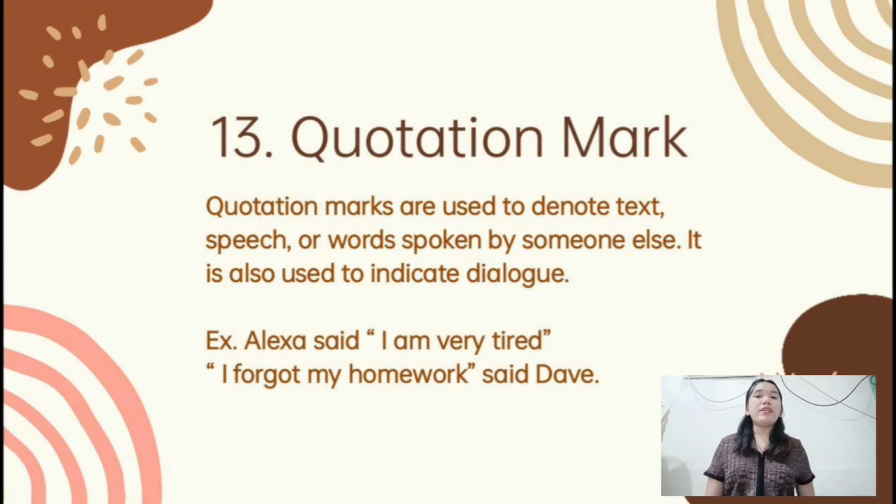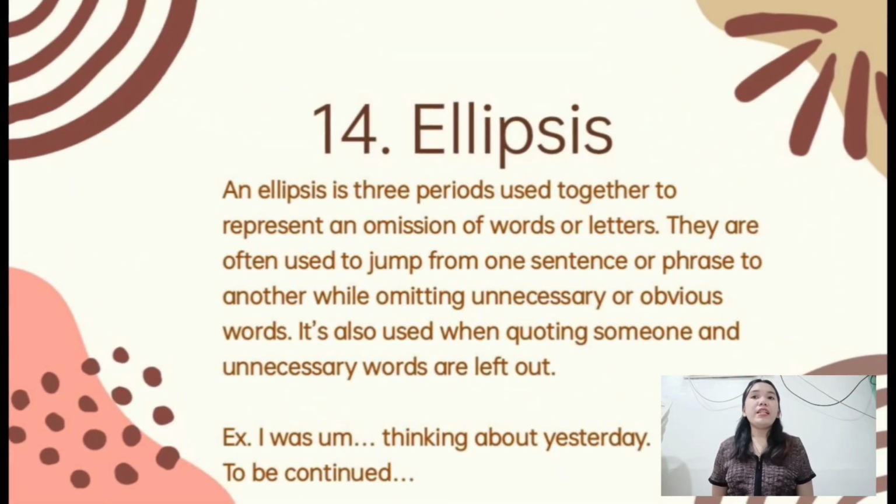So the last one is the ellipsis. Ellipsis is the three periods used together to represent omissions of words or letters. They are often used to jump from one sentence or phrase to another while omitting unnecessary or obvious words. It's also used when quoting someone and unnecessary words are left out.